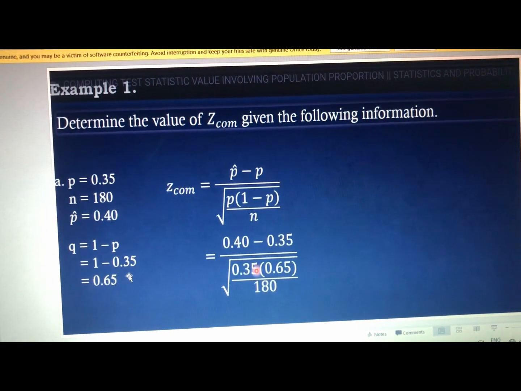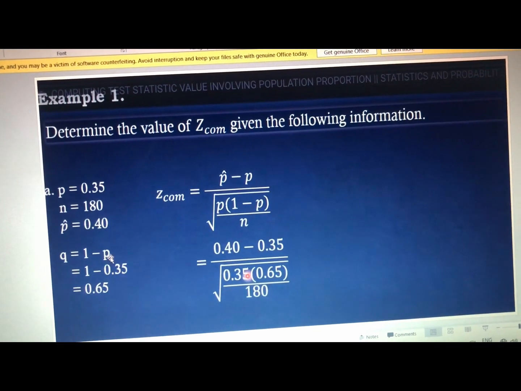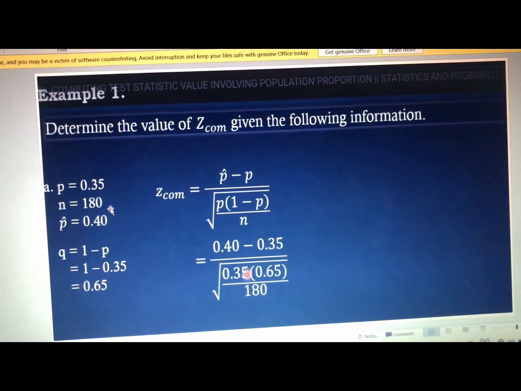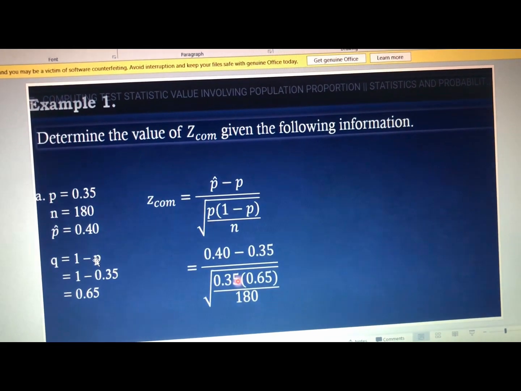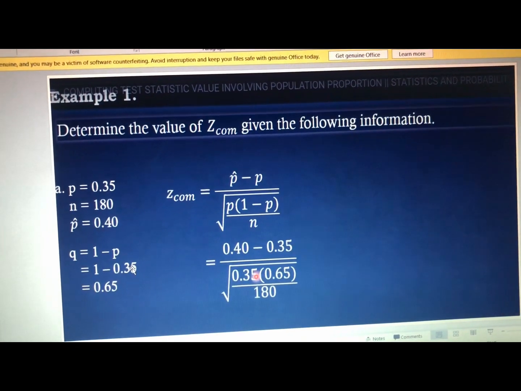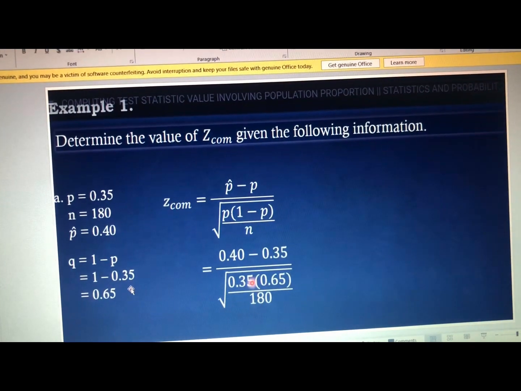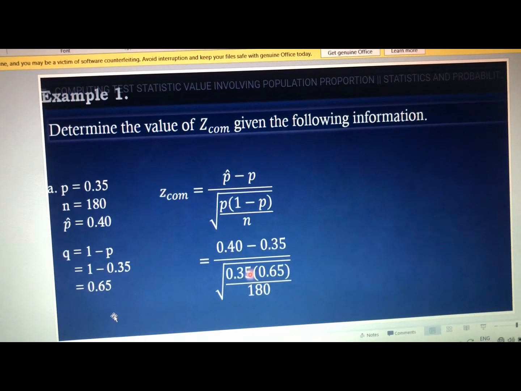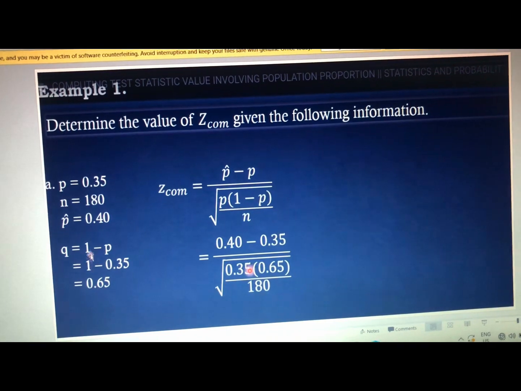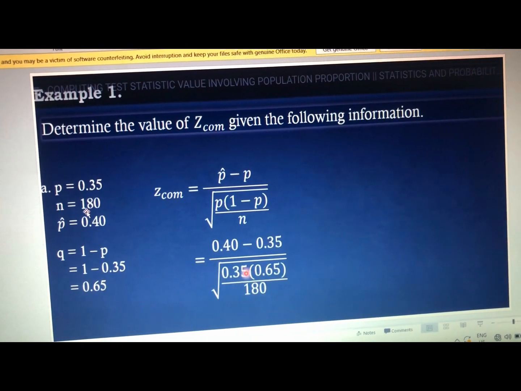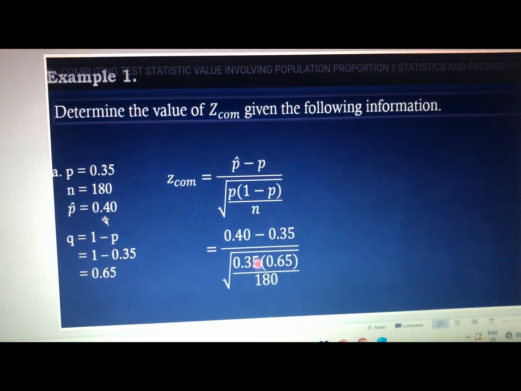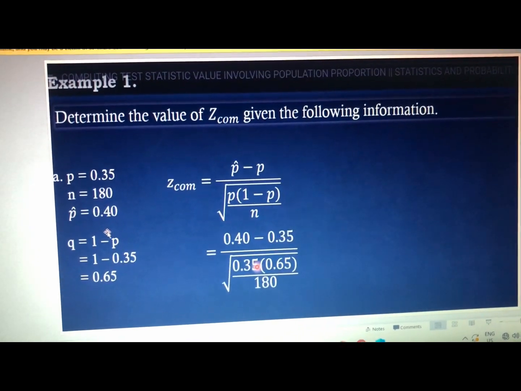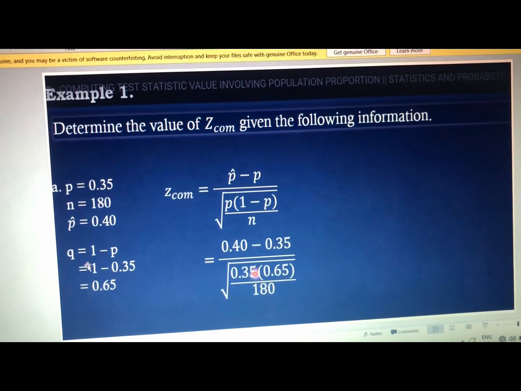So, Q is equal to 1 minus P. Since yung P natin is 0.35, so 1 minus 0.35, the answer is 0.65. Ito lang naman ang importante. Kailangan makuha natin yung hypothesized proportion natin, and N, and yung sample proportion, pati yung Q natin.